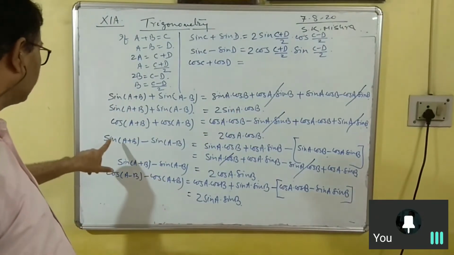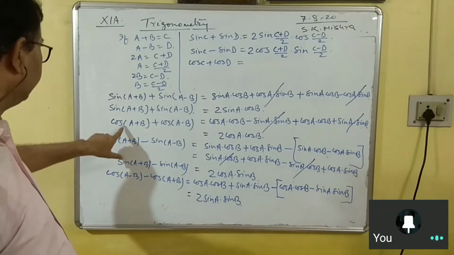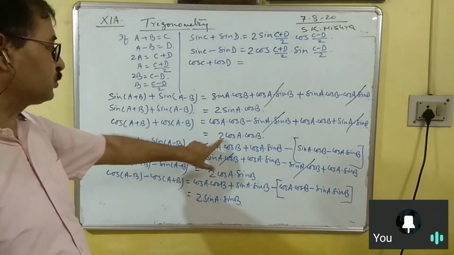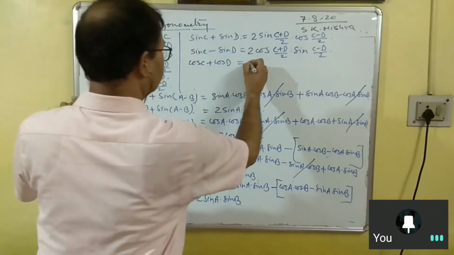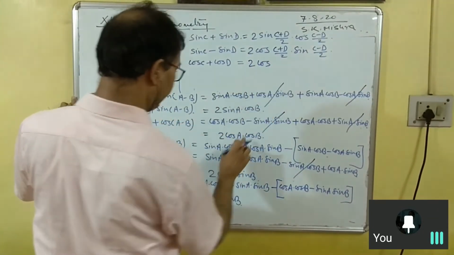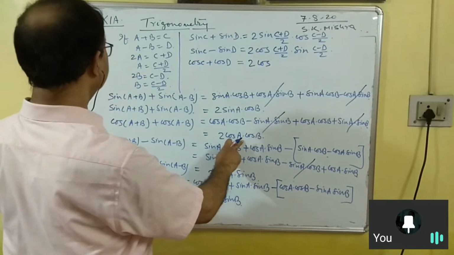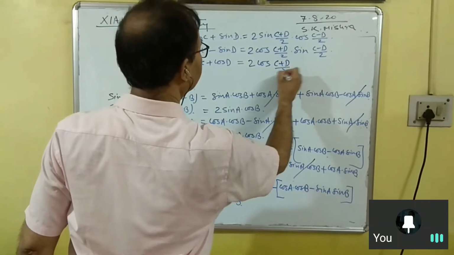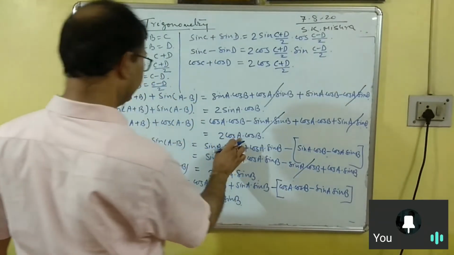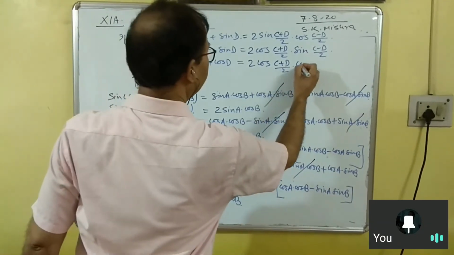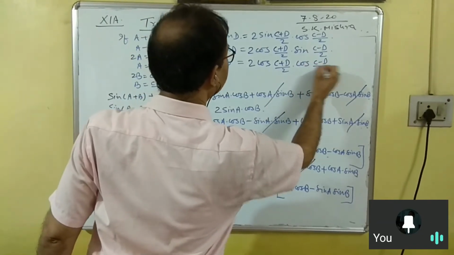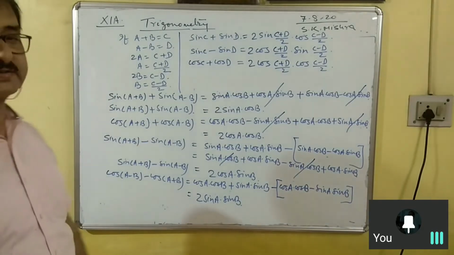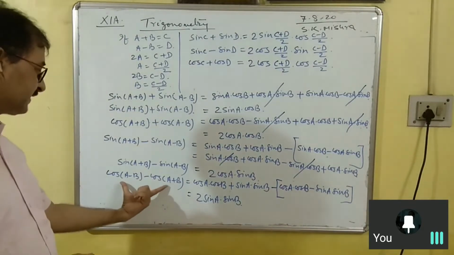The formula is 2 cos A cos B. A means (C plus D) by 2, and cos B is (C minus D) by 2.